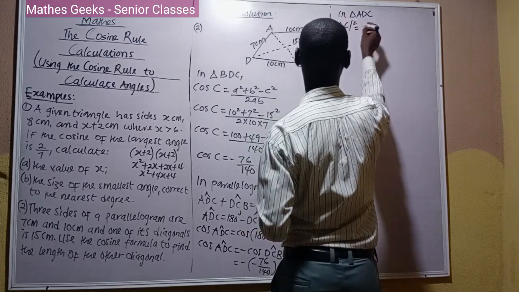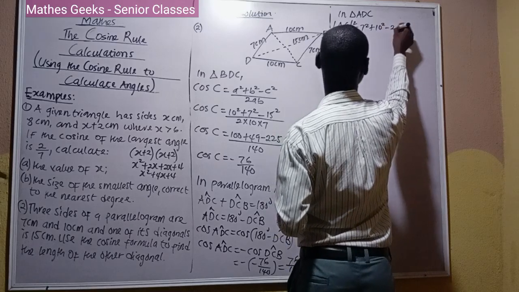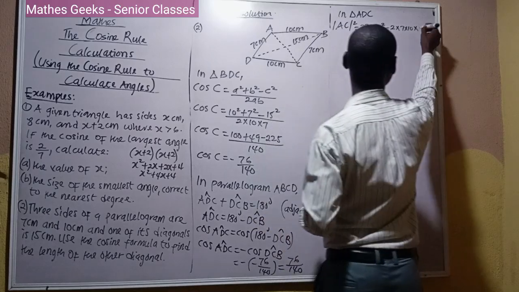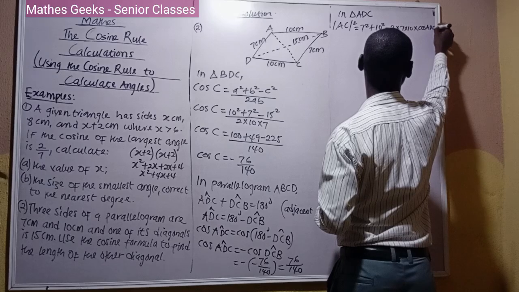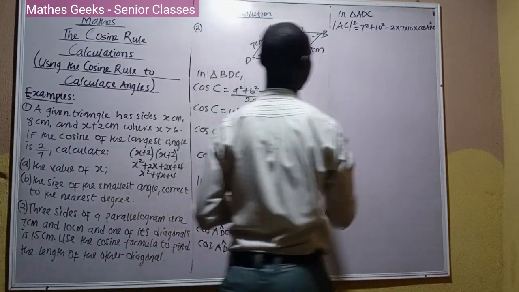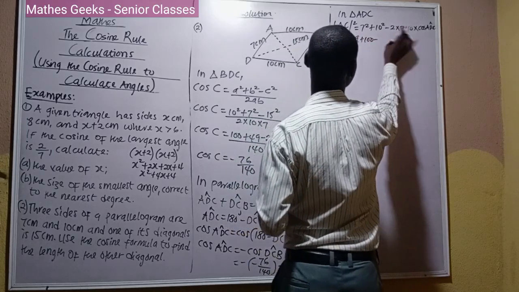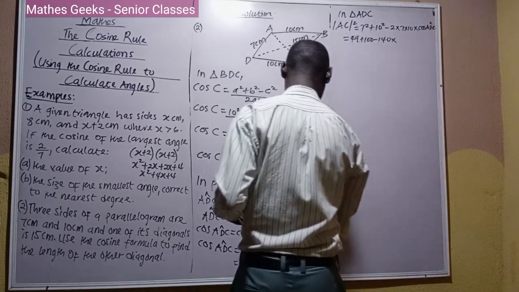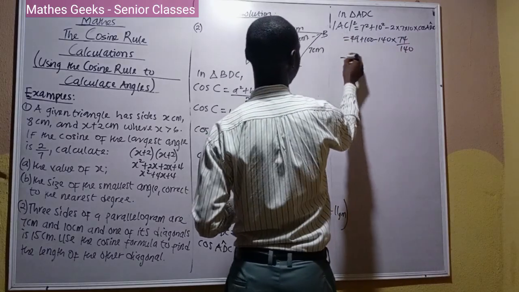So AC squared is equal to 7 squared plus 10 squared minus 2 times 7 times 10 times cos angle ADC, where cos angle ADC is 76 over 140. So we're going to say 49 plus 100 minus 140 times 76 over 140.